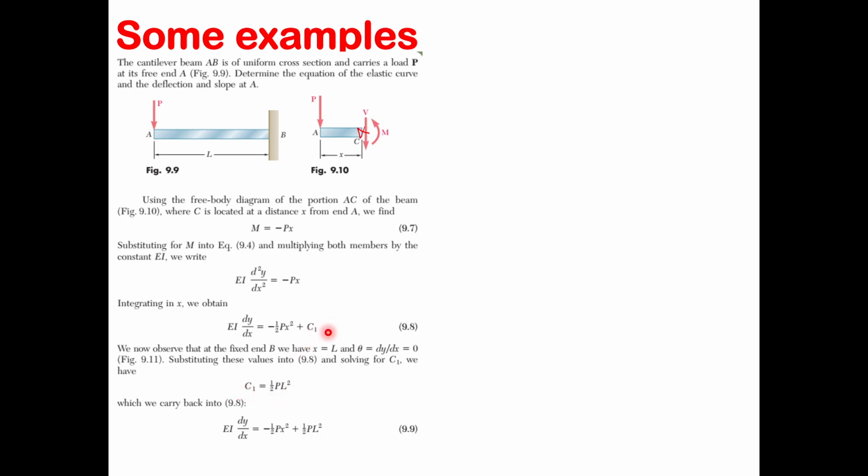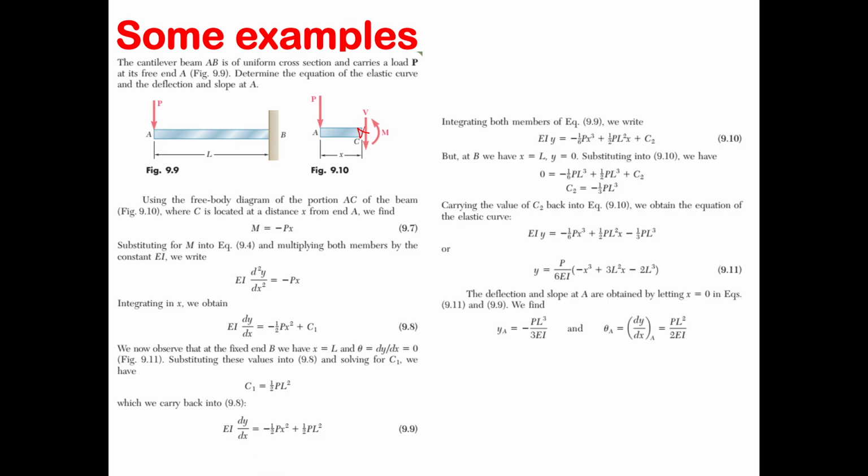So you plug that in, your EI dy/dx equation is going to look like this. But we don't have the deflection yet. We have to take the integral once more. If you take the integral once more, you're going to have negative 1/6 Px^3 plus 1/2 PL squared x plus C2, right? Then we have to find the next constant here.